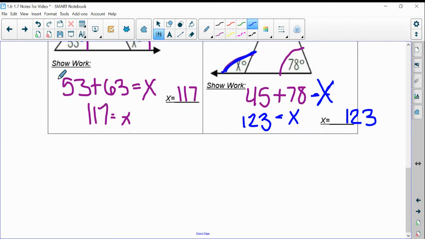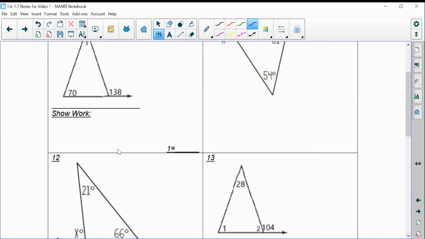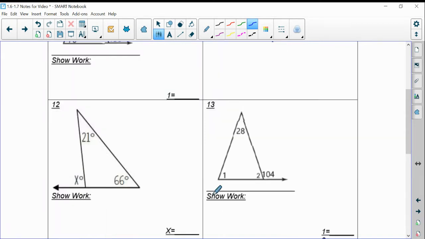All right, so, but what if, and I'm going to come back to 10. I'm going to jump to 13. What if they give you an exterior angle, but only one of your 2 interior, or remote non-adjacent, angles, and an exterior?